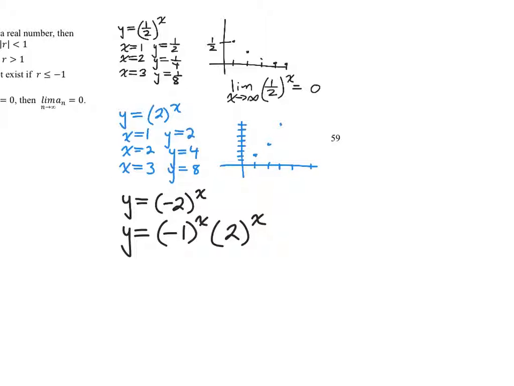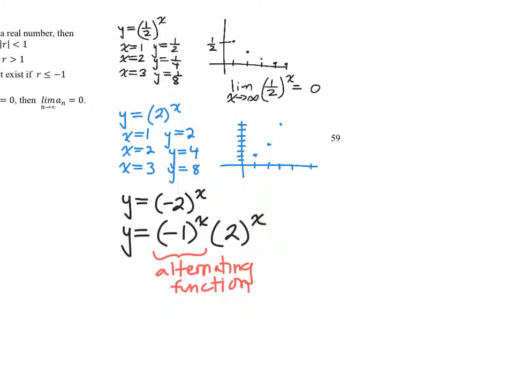All right. This component here leads to what we call an alternating function. So depending on what the x value is, the sign could be positive or negative.